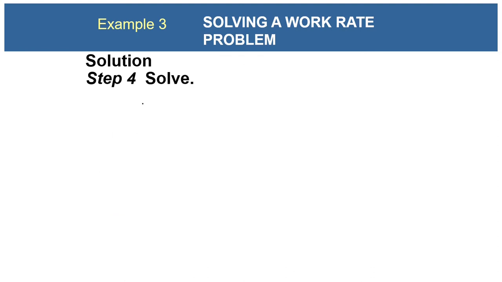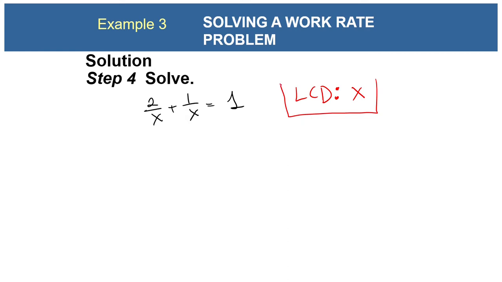In step 4, we need to solve the equation we just created. We have 2 over x plus 1 over x equals 1. Now what's our LCD? Our LCD is going to be made of pieces of the denominators. I need an x. I don't need this other x because we already have it in our LCD.